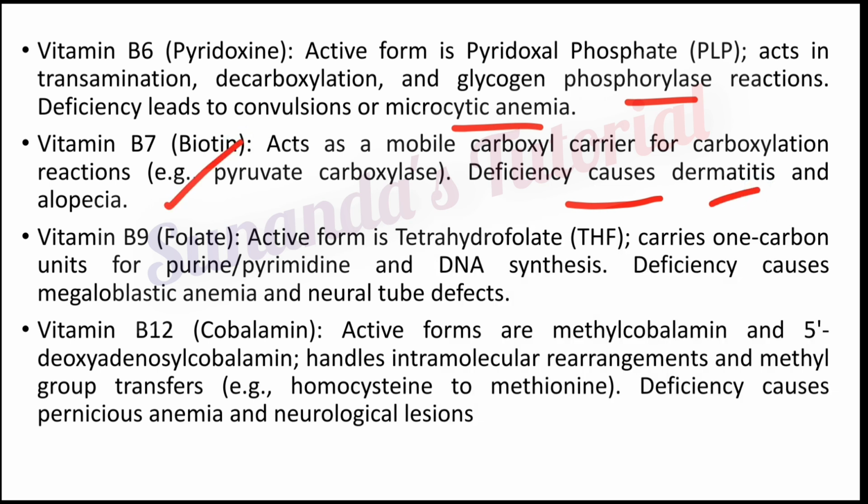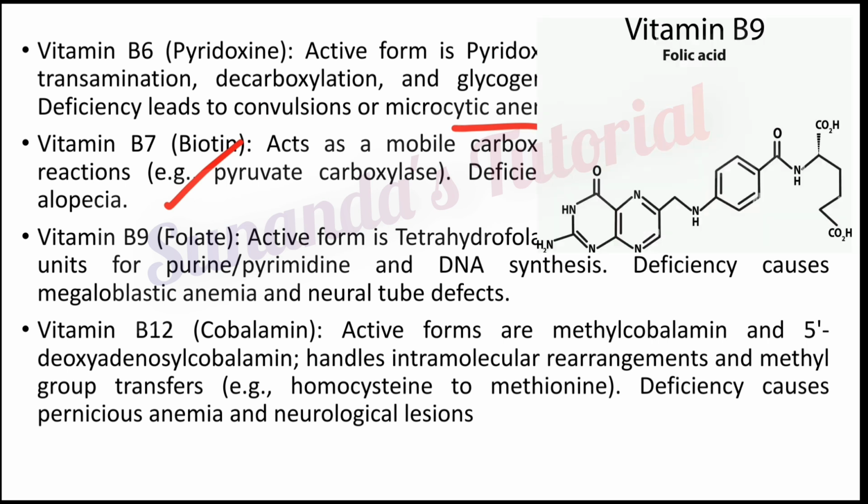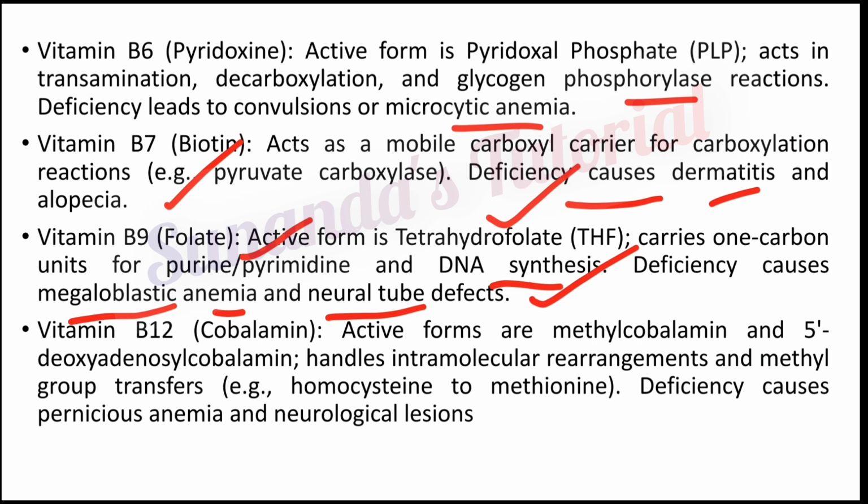Vitamin B9 or folate, its active form is tetrahydrofolate. It carries one carbon units for purine and pyrimidine and DNA synthesis. Its deficiency causes megaloblastic anemia and neural tube defects.